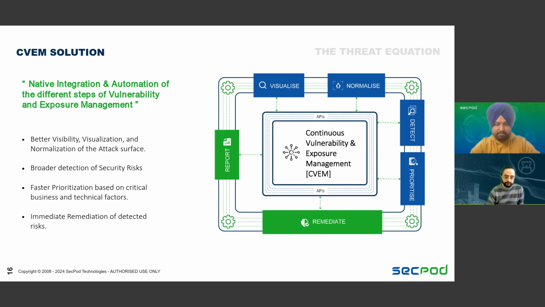The same platform must be able to remediate those, and then a practical report for the business and a technical report for practitioners, so that everybody's on the same page. That's what we call the continuous vulnerability and exposure management platform. SanerNow is what we call it today.